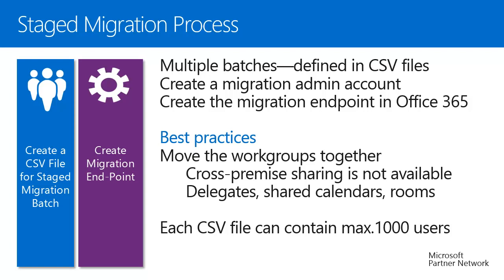This is not available, this will not work. Of course, FreeBusy information will work, it's not a problem, but really I would highly recommend to keep these workgroups together. So keep in your mind if delegates or shared calendars are used, then you need to move these users together in one group.